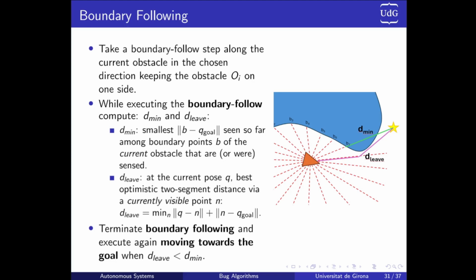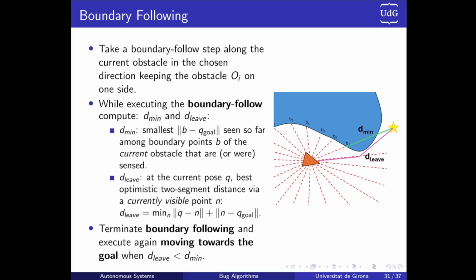The second thing that we have to measure is the d-lift. And d-lift is a little bit more difficult maybe to see. It's not a straight distance like here, but d-lift at the current pose Q is the best optimistic two-segment distance, from here to here and from here to here. Okay?